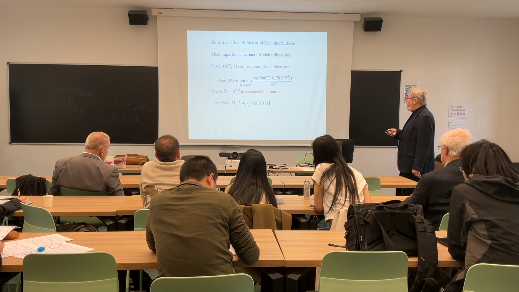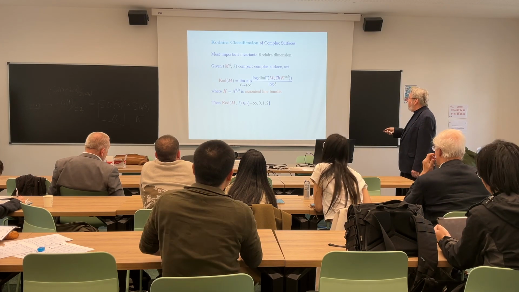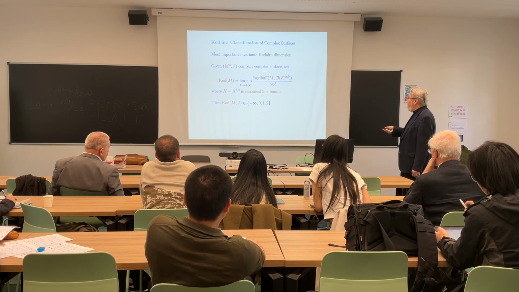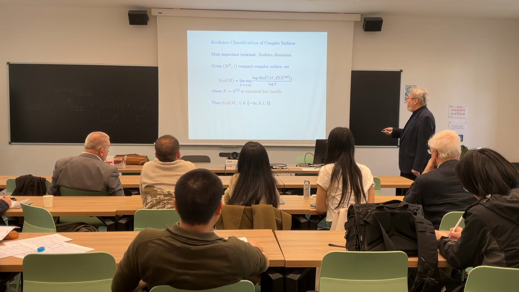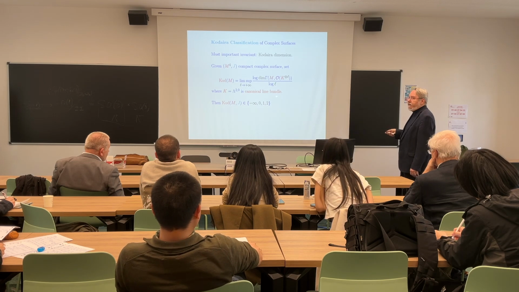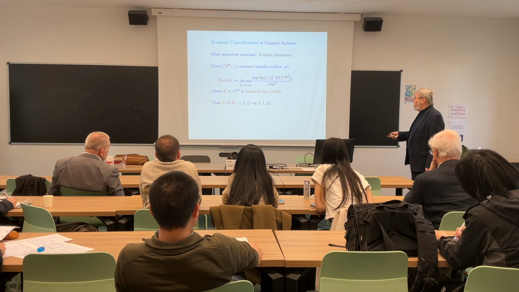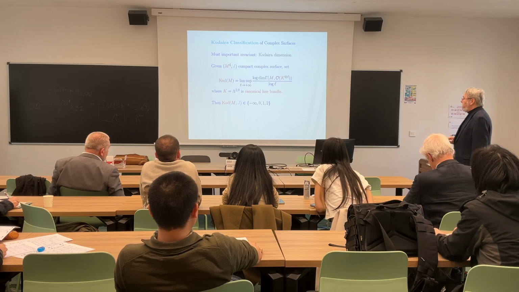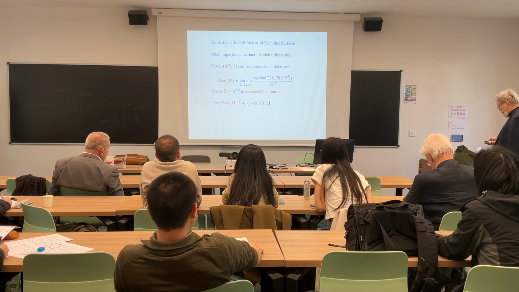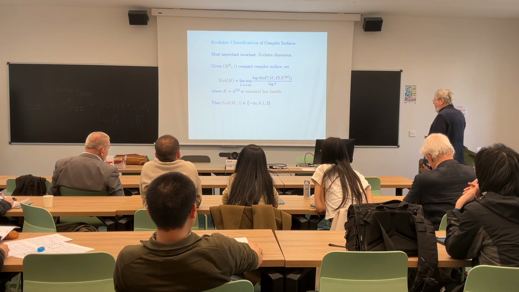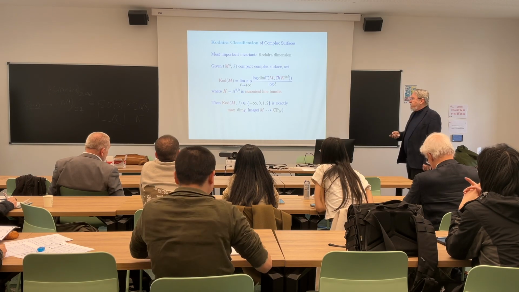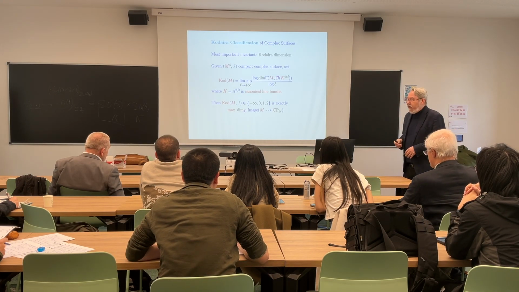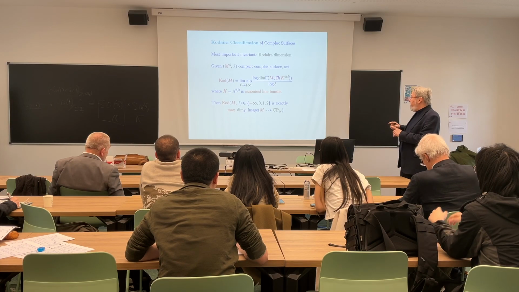So if all of these spaces are 0, if there aren't any holomorphic sections of any of these line bundles, then this log would be minus infinity formally, and then you would find that the Kodaira dimension is minus infinity. So why is this essentially an integer? Well, in fact, it turns out to coincide with the following more geometric thing. You can try to embed, there's a nice map.